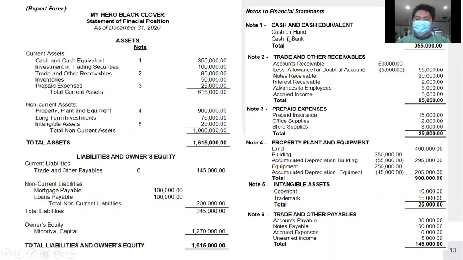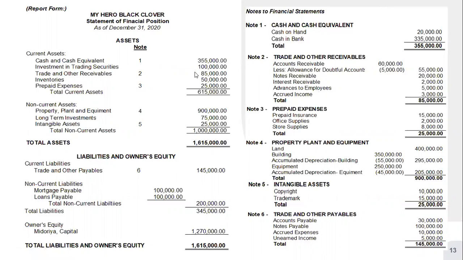In this case, aside from knowing how to determine or classify current assets and non-current assets, you already know where to group cash and cash equivalents, trade and other receivables, prepaid expenses, property, plant and equipment, intangible assets, then trade and other payables. Okay?